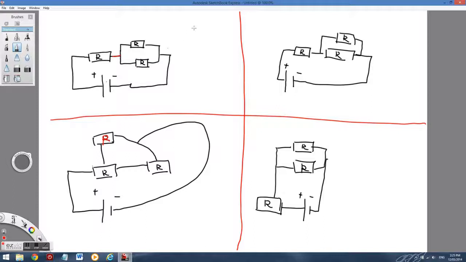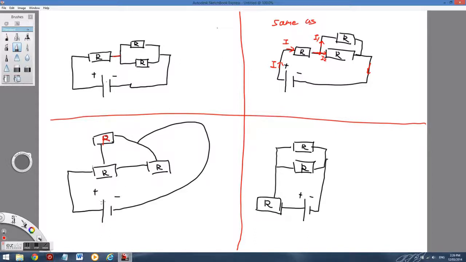If you look at the other one, these two are the same, because current flows here, and when it reaches this junction, it breaks up, then they come together. Two resistors, so they're just the same thing.